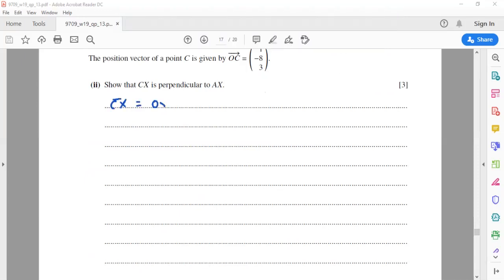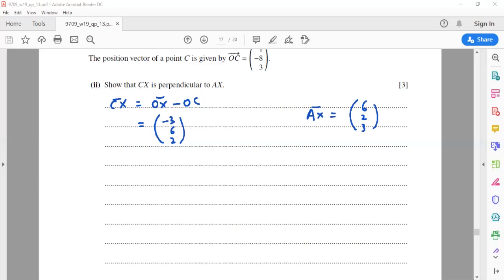CX is OX minus OC, which gives us minus 3, 6, and 2, whereas AX is already with us, that was 6, 2, and 3.